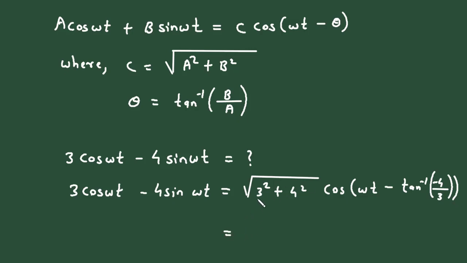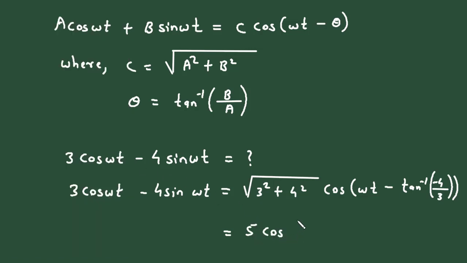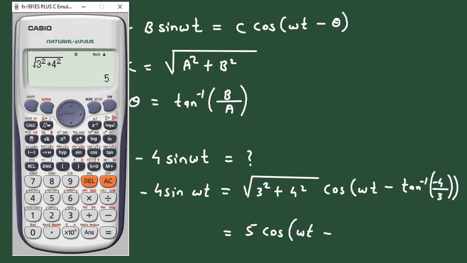So under root of 3 square plus 4 square, it is 5 cos omega t minus, this will be tan inverse of minus 4 by 3.